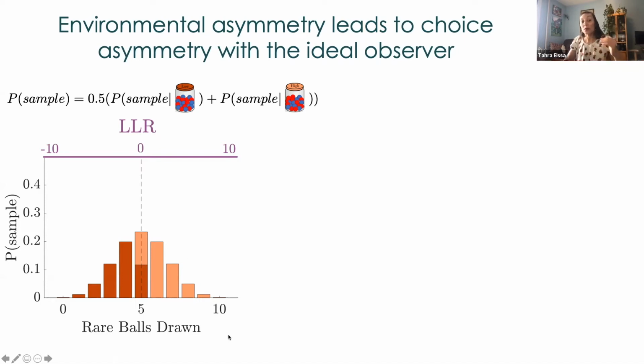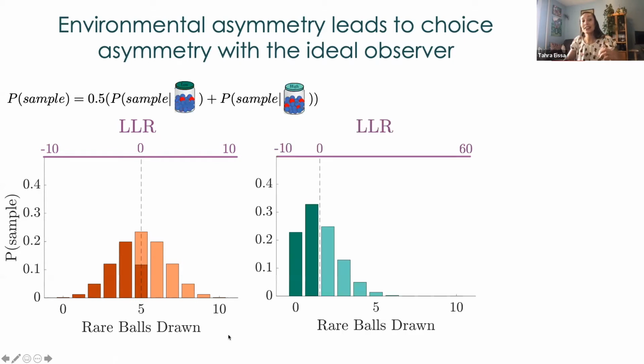However, when we instead consider what happens with the asymmetric jars, again looking at 10 balls drawn, we now see that because these red balls are so rare, we're going to have many fewer trials that have, let's say, 5 or 6 red balls drawn. Instead, we now have this skewing towards a much lower value for the rare balls drawn.